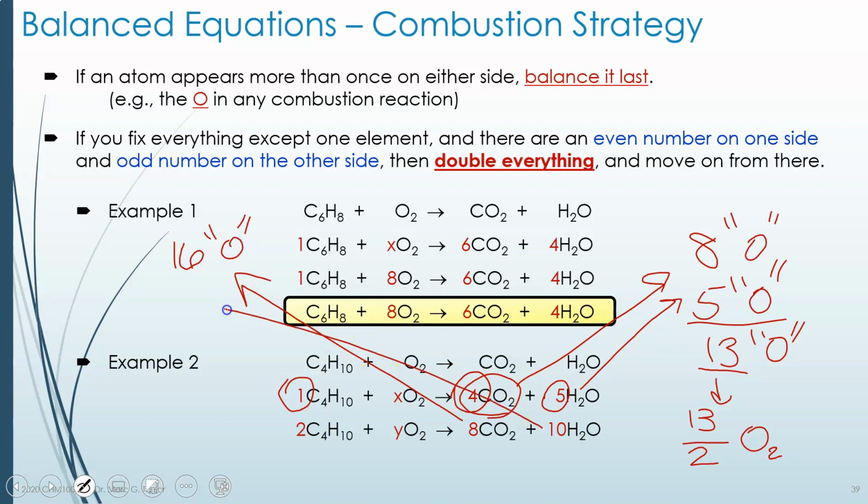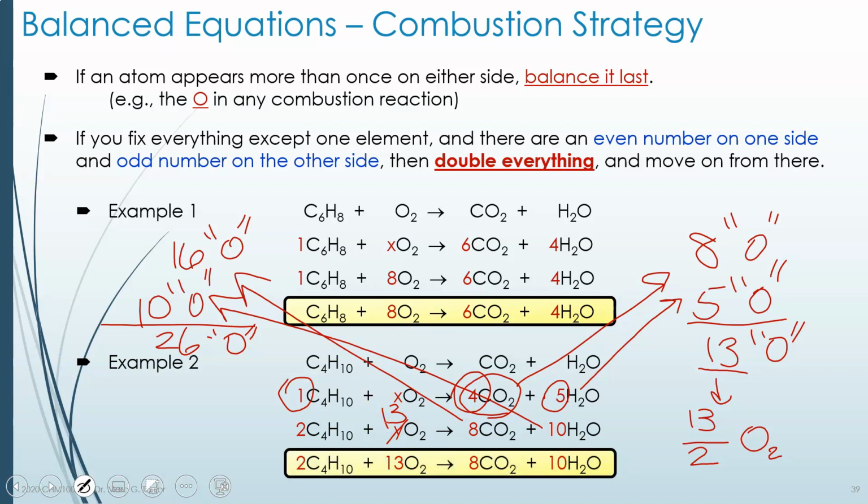And from the 10 waters, you'll have 10 O's here for a total of 26 oxygen atoms, which you can easily divide by 2 to get 13 O2s. And you would write 2 butanes react with 13 oxygen gases to make 8 CO2s and 10 water molecules.